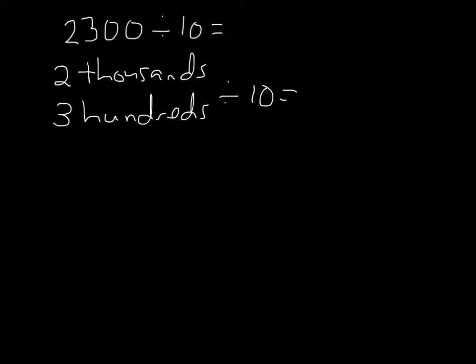So let's draw a circle. And what I have is I have 2 thousands, and then I have 300s.